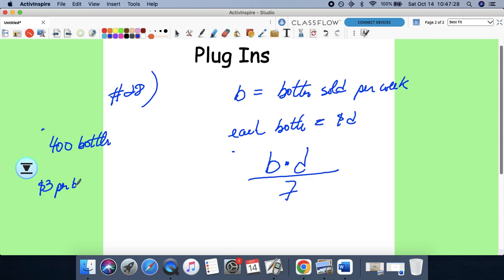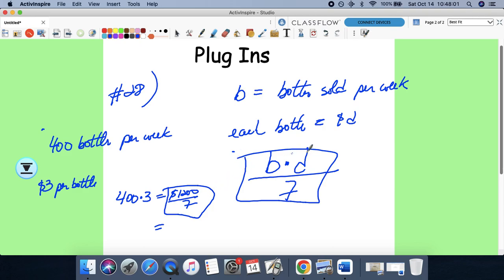And you want the average that you sold per day, right? Well, per week you sold 400, multiply that by 3, which is $1,200 that you made for the week, but you divide that by 7 because there's 7 days in a week, and that's the process you go through, so that matches this one. So 28 is G.